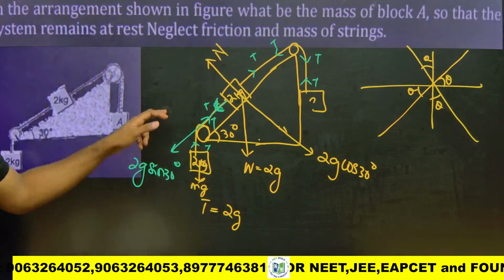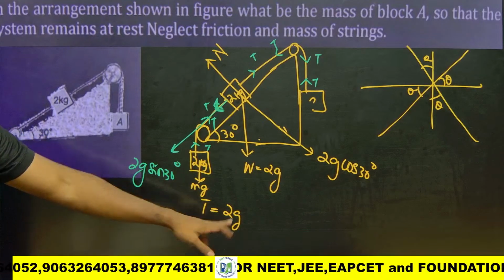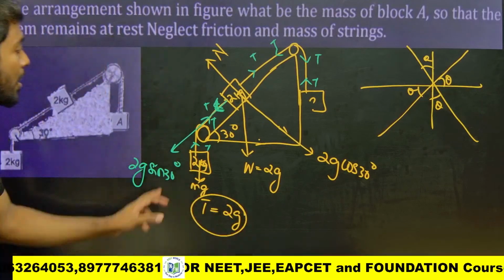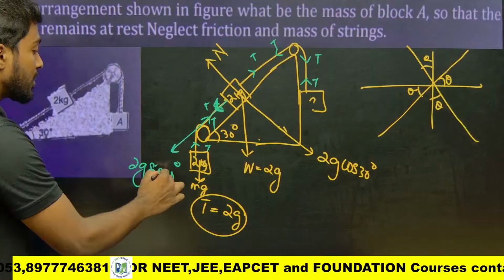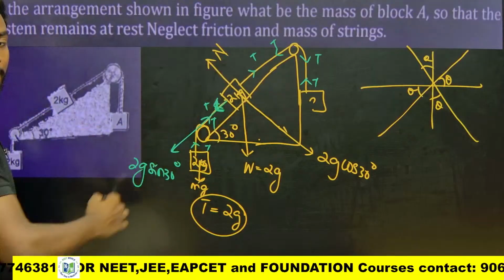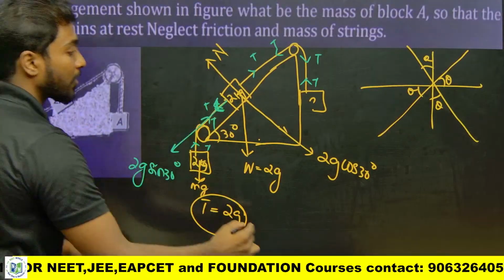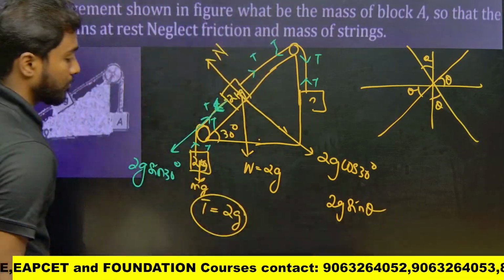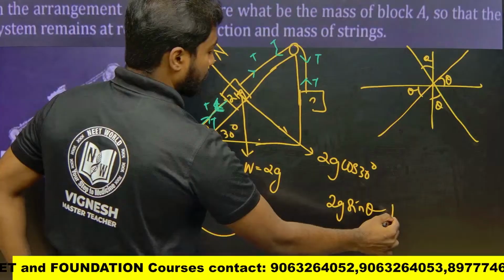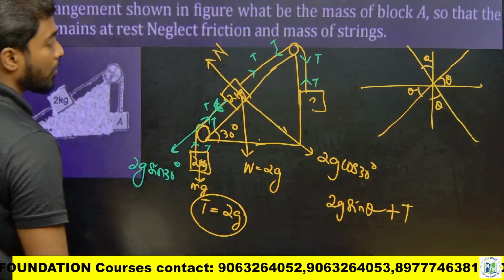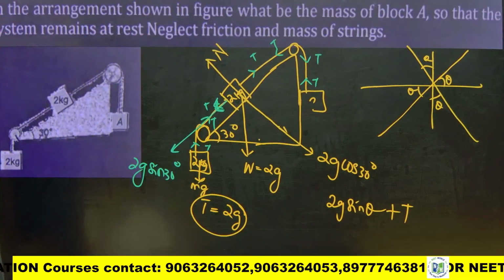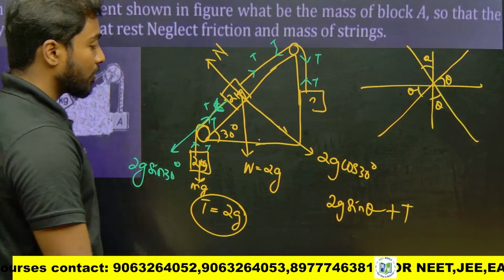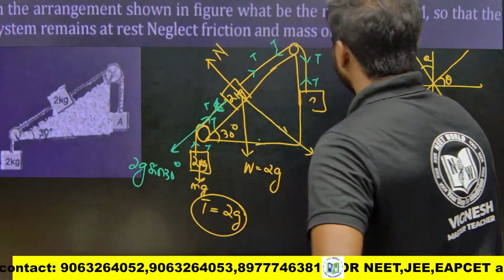Weight is downward, mg, tension 2g. I'll keep the tension as it is. Now this 2g sin theta and this tension will be equal: 2g sin theta plus T equals T plus 2g. I'll give this equation.